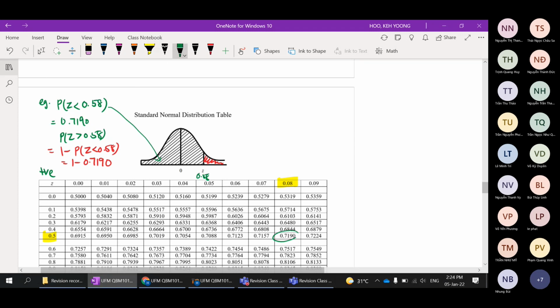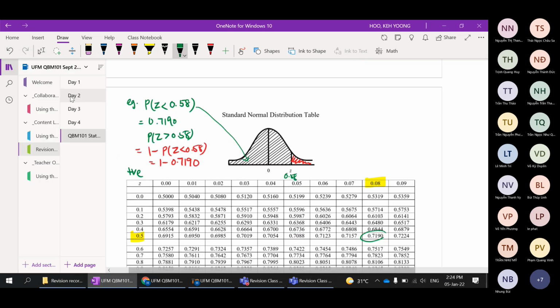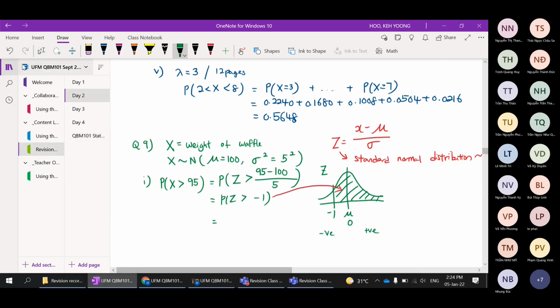Back to the question now. The question we want to find is Z more than -1. So we will have to refer to the first table. Because the area that we want to find is on the right side, we have to take 1 minus the area on the left.